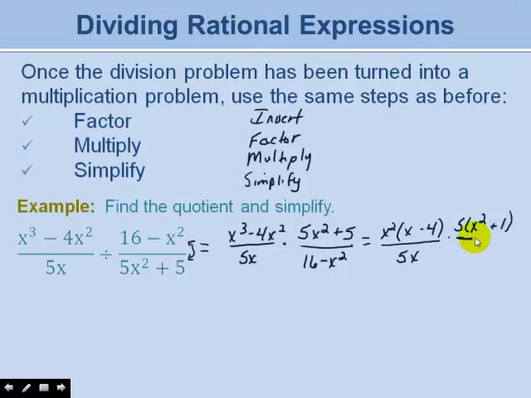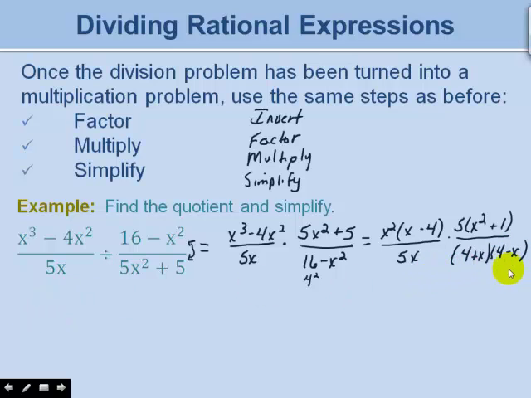And then in our second denominator, notice that we have 16, which is the same as 4 squared, and then we have minus x squared. So this is the difference of squares, so we would factor that as 4 plus x times 4 minus x. Now, one more step to do before we do the multiplication part.